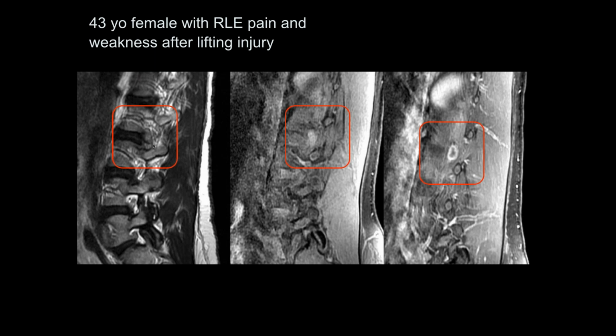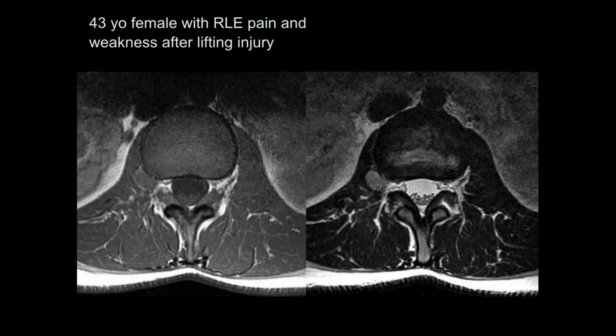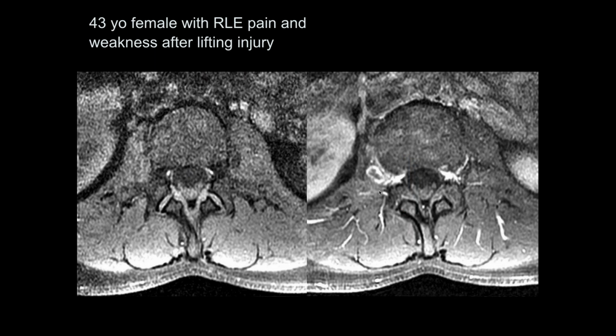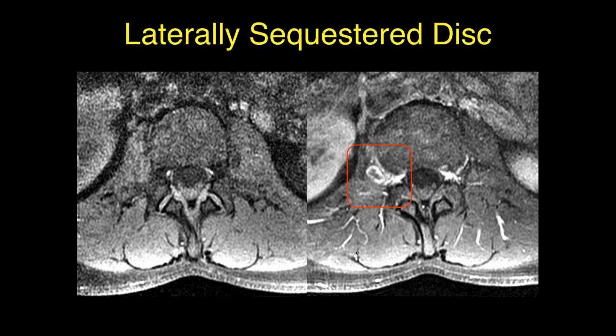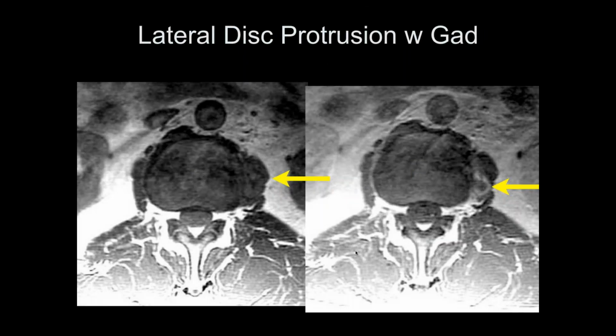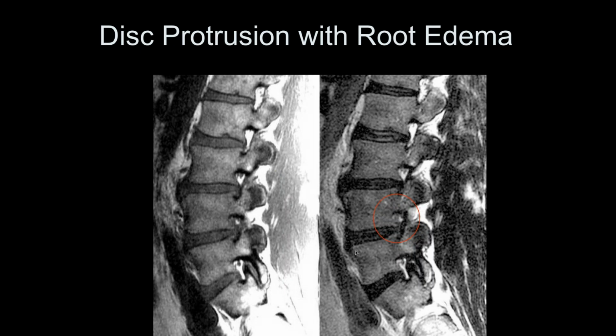So here we can see the disc extrusion there, with an enhancement pattern around it. And here's what it looks like on the axial images. We can see a focal disc extrusion here on the right side in the foraminal zone where it's more likely to compress. And here's the enhancement pattern around it, compressing the nerve root. And then there's another far lateral or extraforaminal zone.